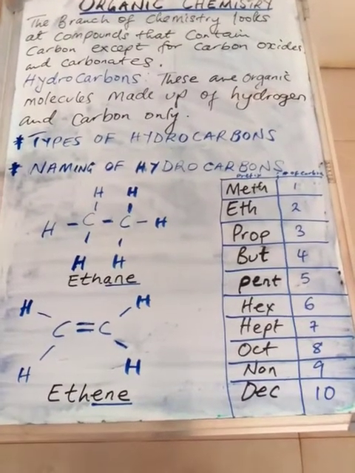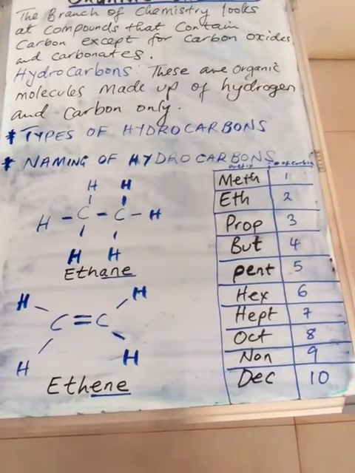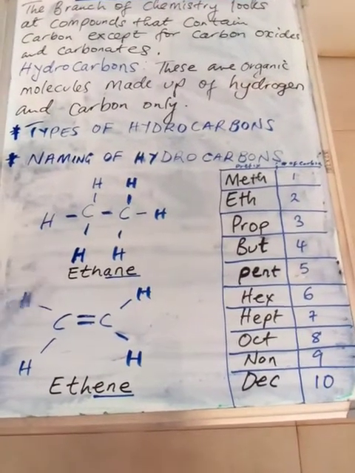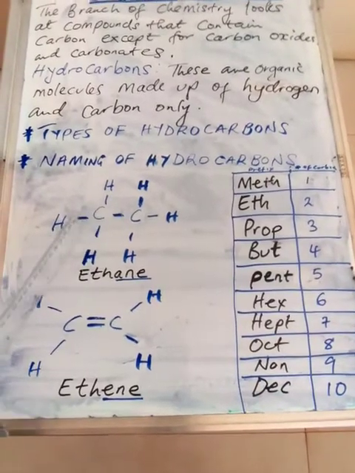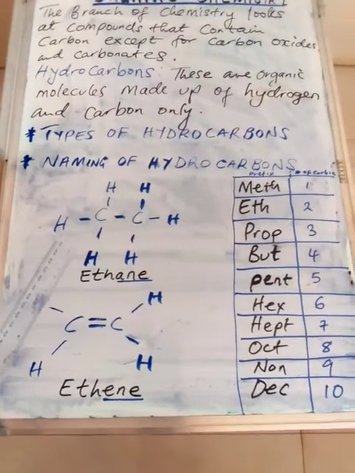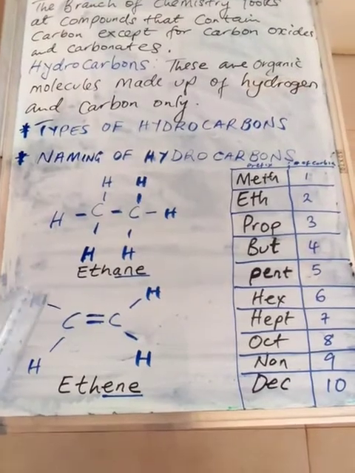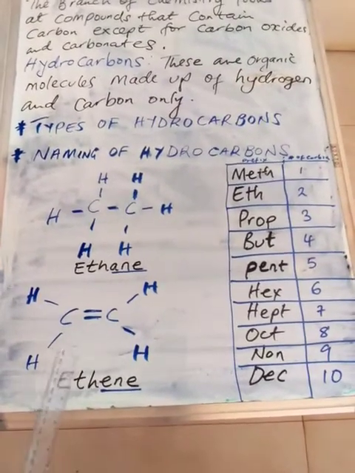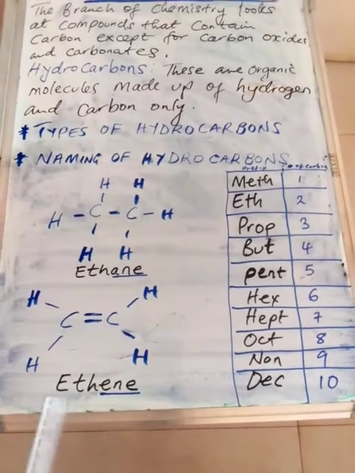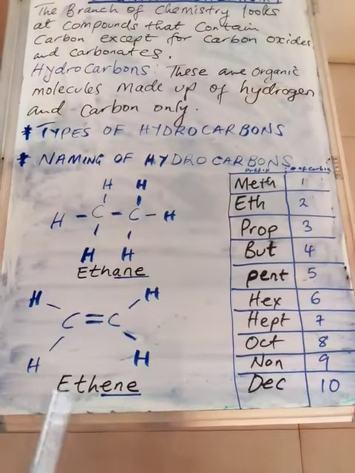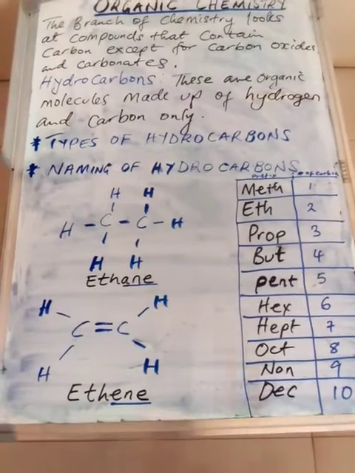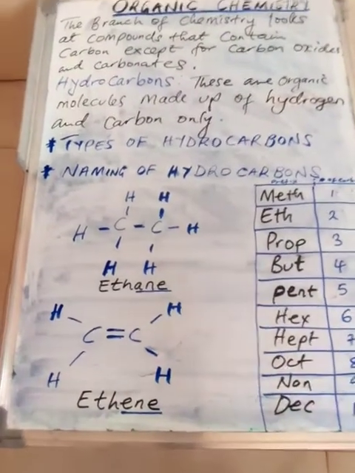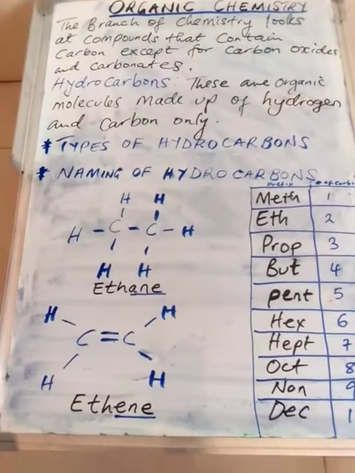So this is called ethane because it has 2 carbons in it. If it had 3 carbons in it, it would have been propane. And this is also being called ethene because it has 2 carbons in it. If it had more carbons in it, we would have used this same table to name that particular hydrocarbon.